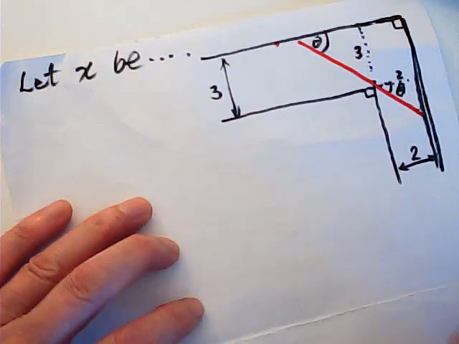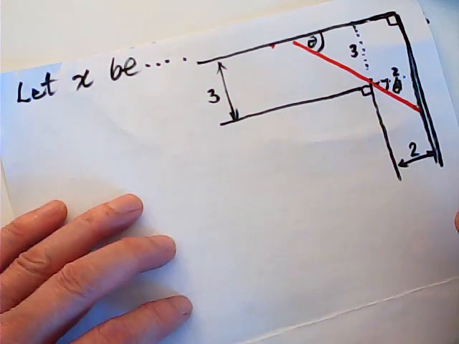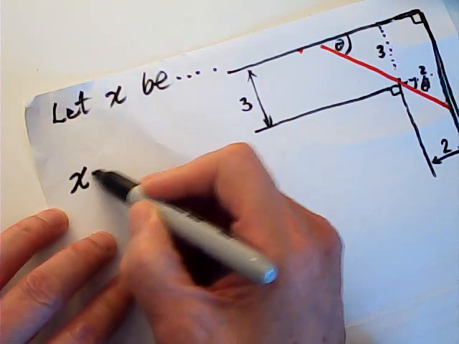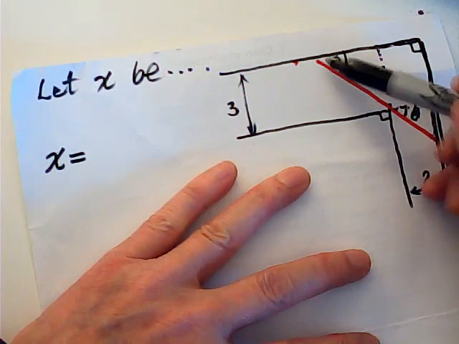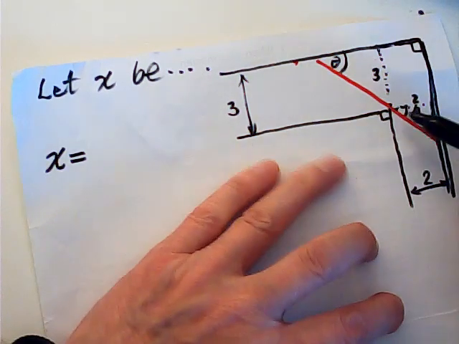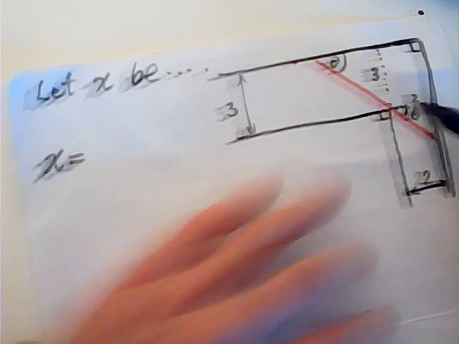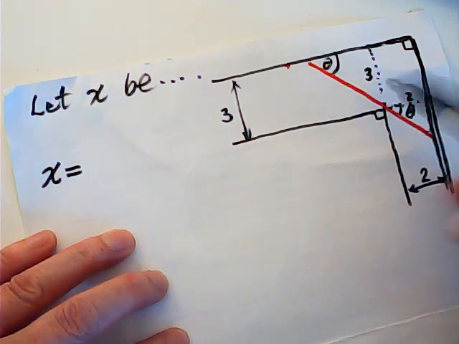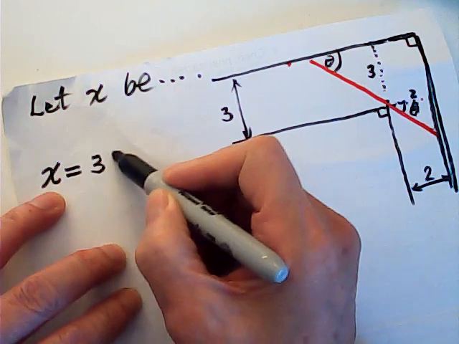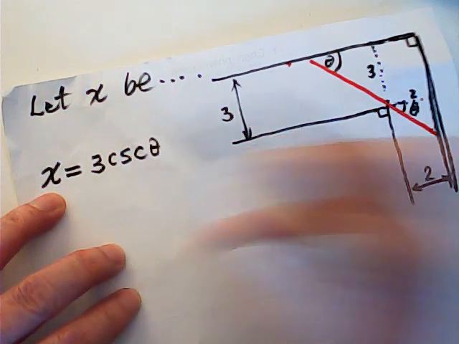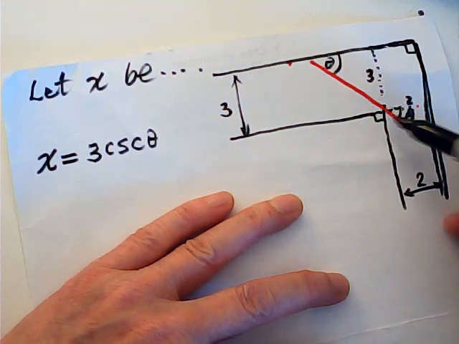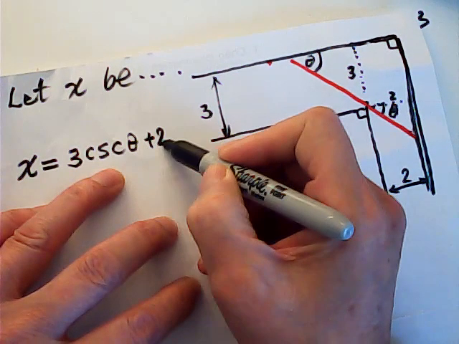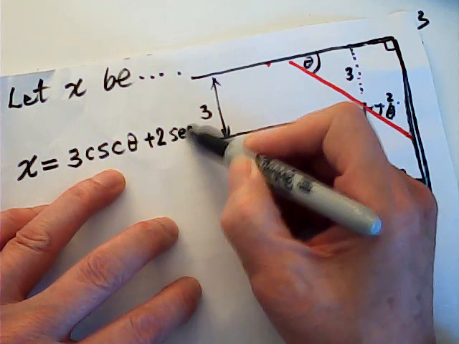Now, once you choose a proper variable, the function is not difficult to establish. So X is equal to this hypotenuse of this triangle plus the hypotenuse of that triangle. In this triangle, the hypotenuse is 3 cosecant theta, and in the other triangle, the hypotenuse is 2 secant theta.